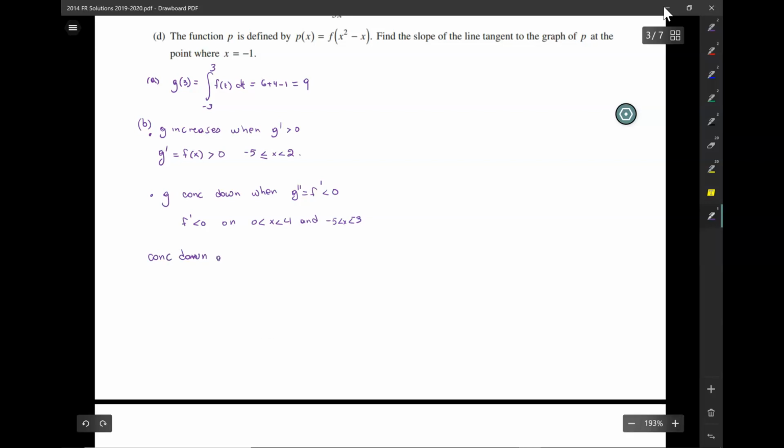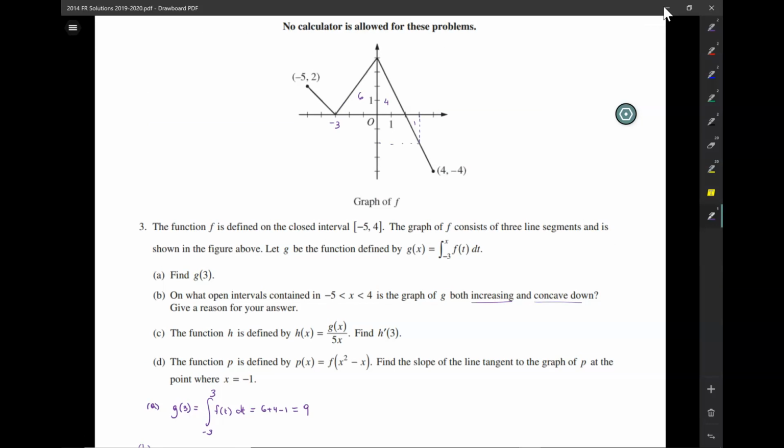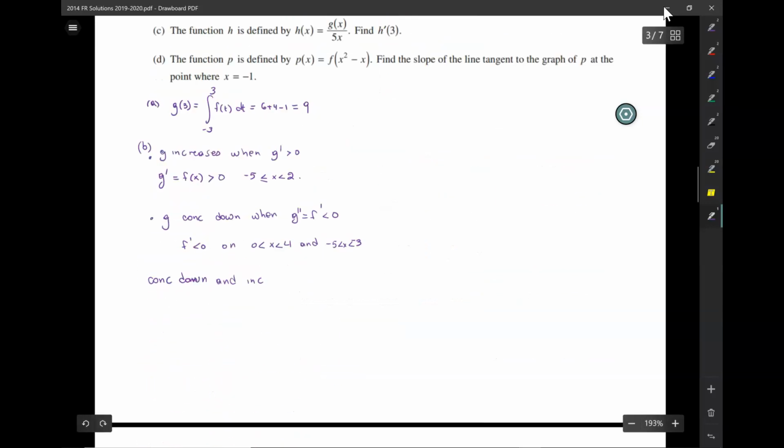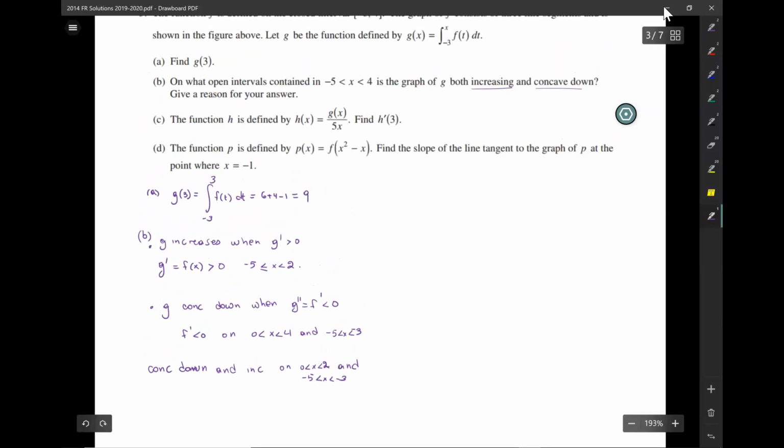But for part B, you said that -5 is less than or equal to x, which is less than 2, because it's definitely positive at -5. But we know at 2 it's 0, it's not positive. Concave down and increasing on 0 to 2 and -5 to -3. You can do interval notation as well.